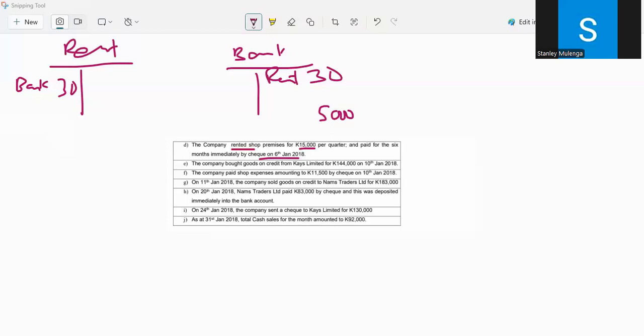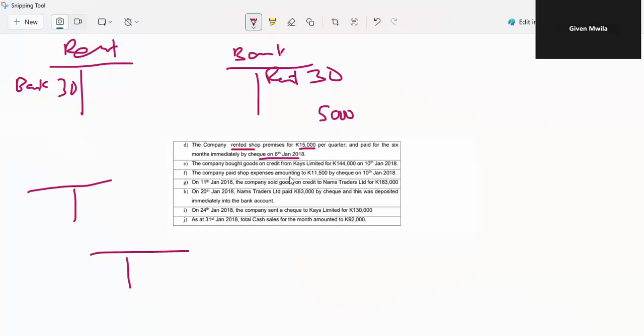Okay, then the company bought goods on credit from Case Limited 144 on 10th January. So what transaction do we have? Purchases account. Shop expenses.